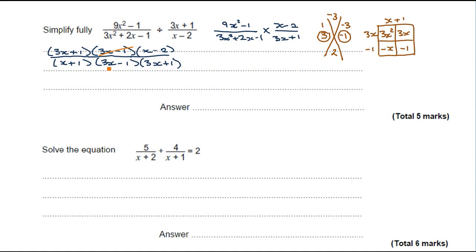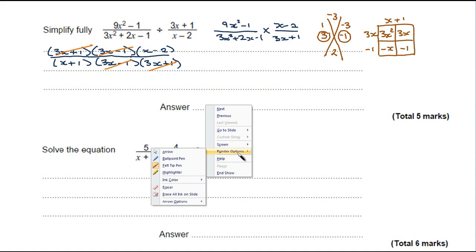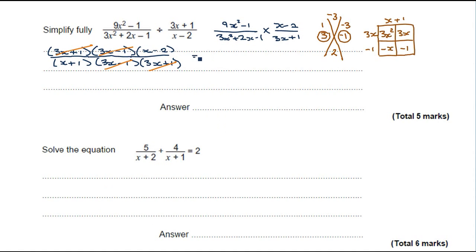And once you've got to this stage, it's just a case of looking at the numerator and the denominator and seeing if there's any cancellation that can be done. And indeed, there's quite a lot, isn't there? These middle terms here, 3x minus 1, will cancel with the 3x minus 1 in the denominator directly underneath it. And this 3x plus 1 cancels with the 3x plus 1 here.